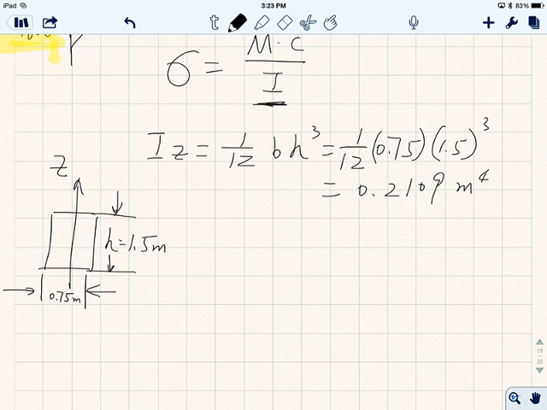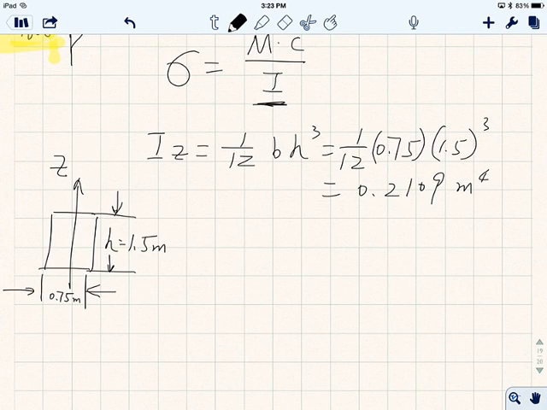Because it's hard for me to remember, what I always do is this: area moment of inertia is just a quantity to calculate how easy it is to bend, right? Now imagine this ruler over here. If I'm going to bend this way, it's easy, right? I can bend it with my hand. In this case, the base is the width over here, and the height is just the thickness.